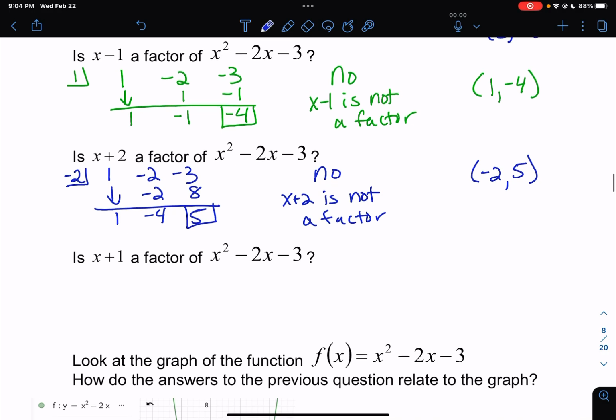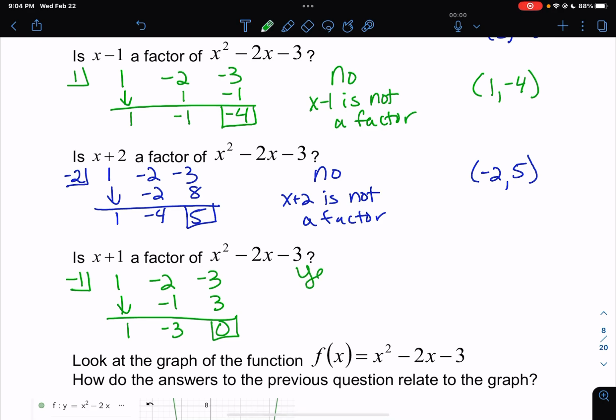Finally, is x plus 1 a factor? Using your setup for synthetic division, we are going to put a -1 in the box using the same coefficients, 1, -2, -3. We multiply and add, multiply and add. We do get a remainder of 0. So yes, x plus 1 is a factor.